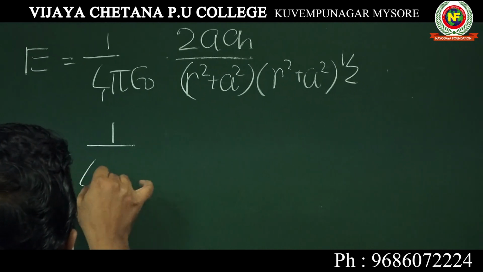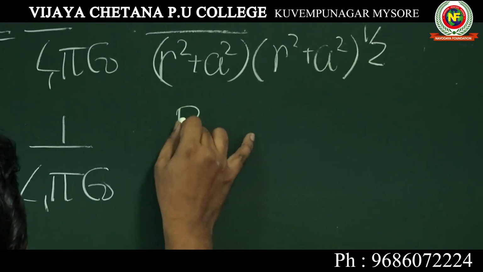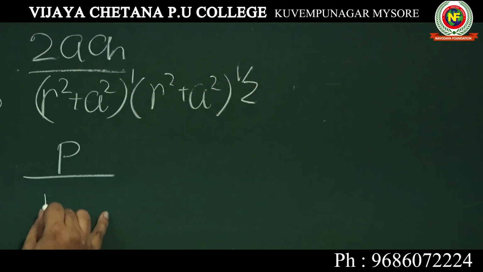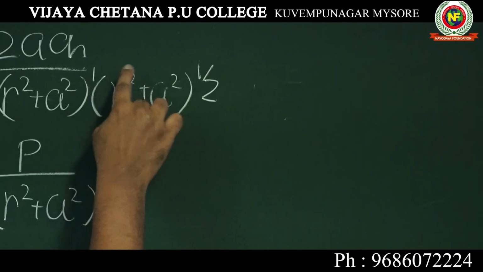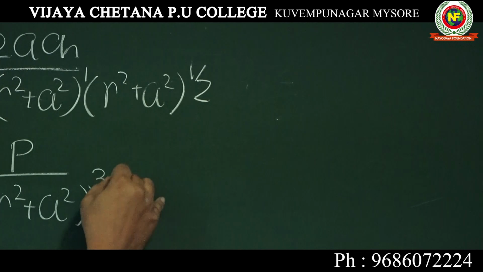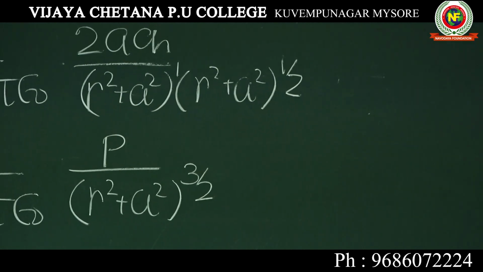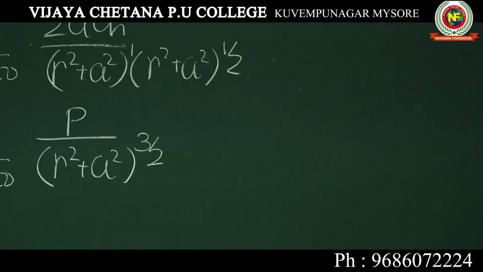Therefore, it is 1 by 4 pi epsilon naught, 2A cube product is dipole moment. One power is here, half power is here. Therefore, it is R square plus A square to the power of 1 plus half. 1 and a half is 3 by 2. This is the expression for electric intensity.